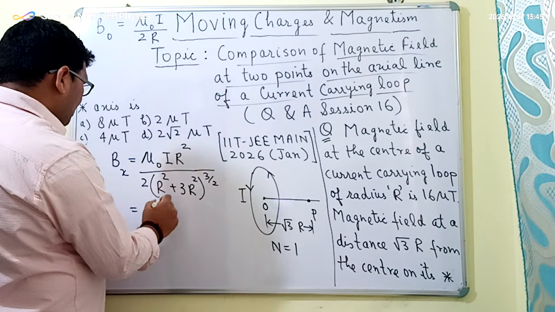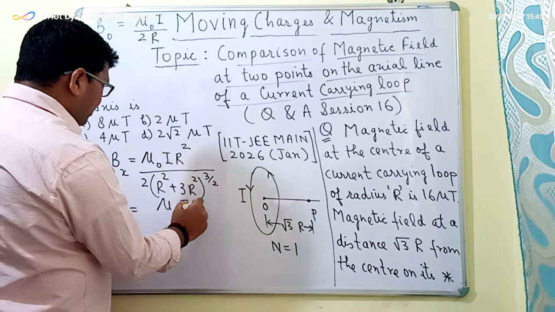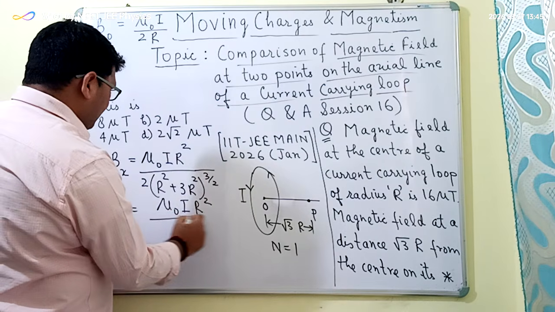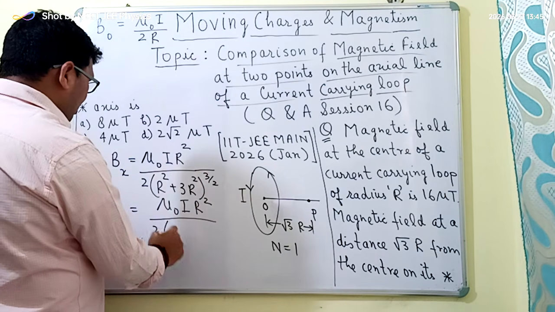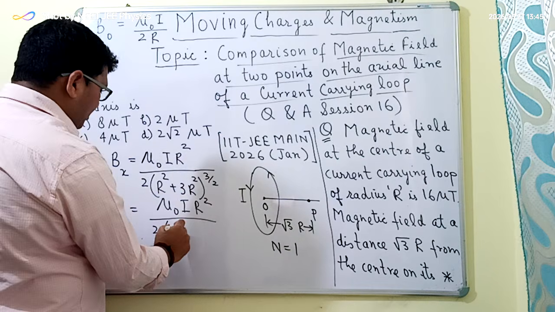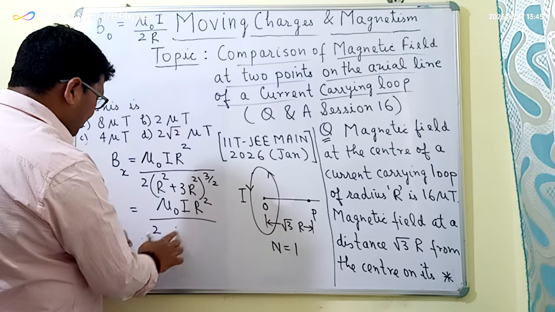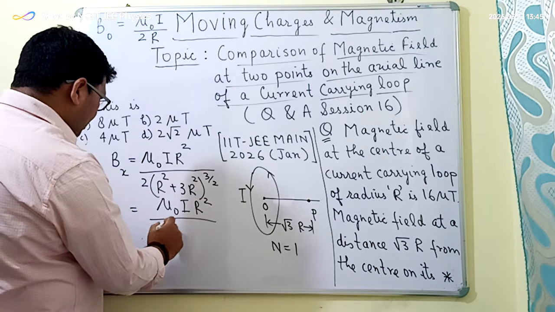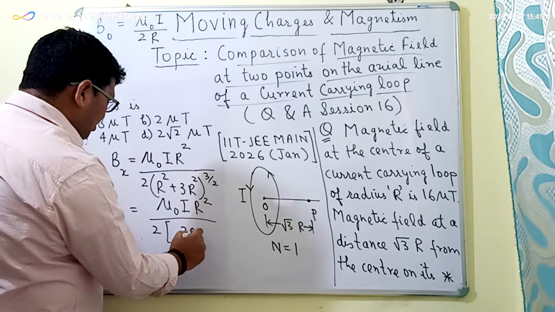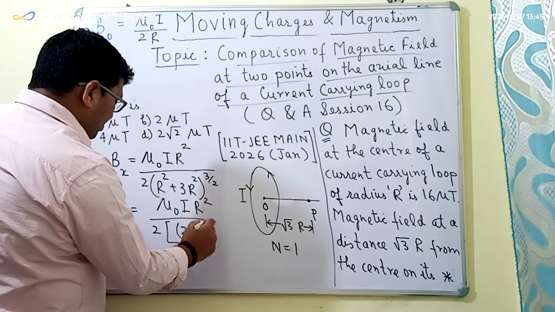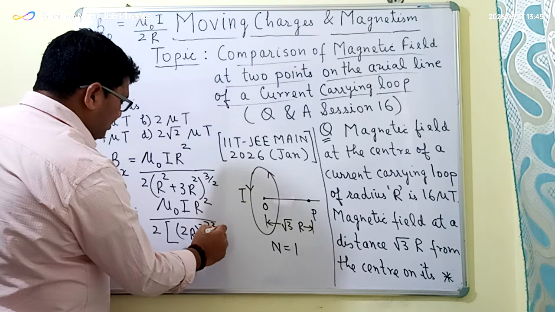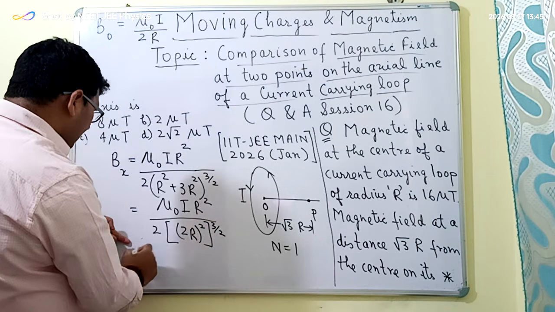So this is equal to mu naught I r square divided by 2 times 4r square, and 4r square can be written as 2r whole square, to the power 3 by 2. From here this 2 and 2 will get cancelled out.